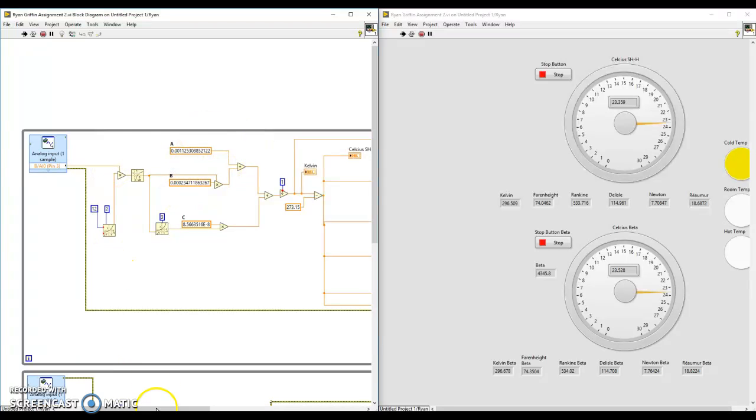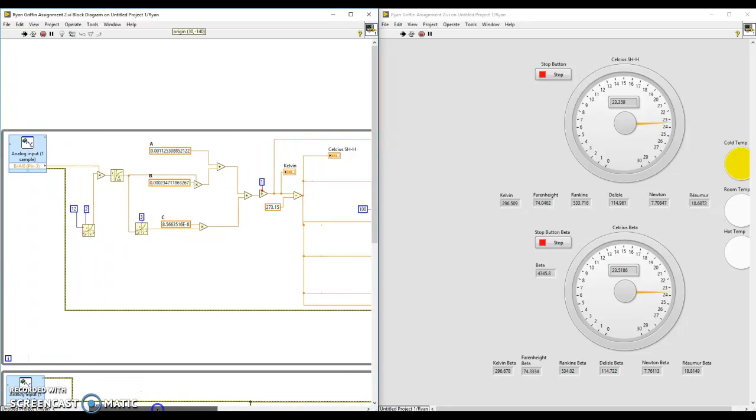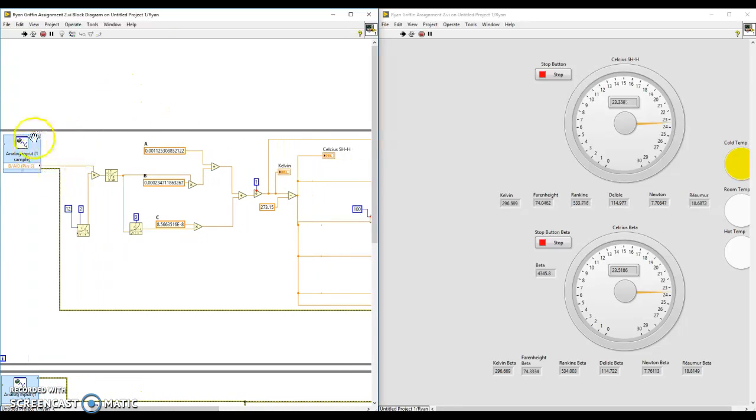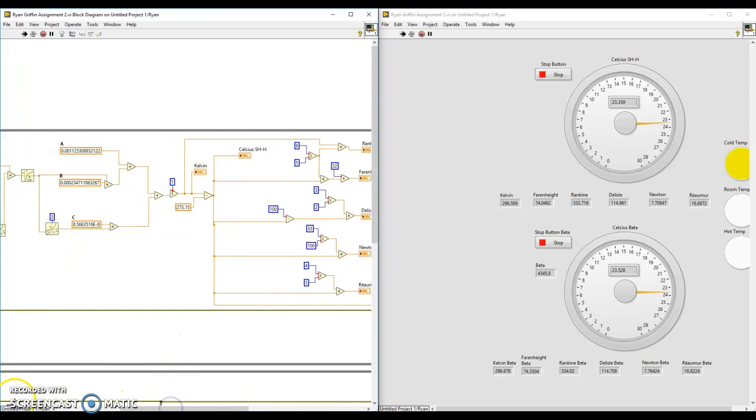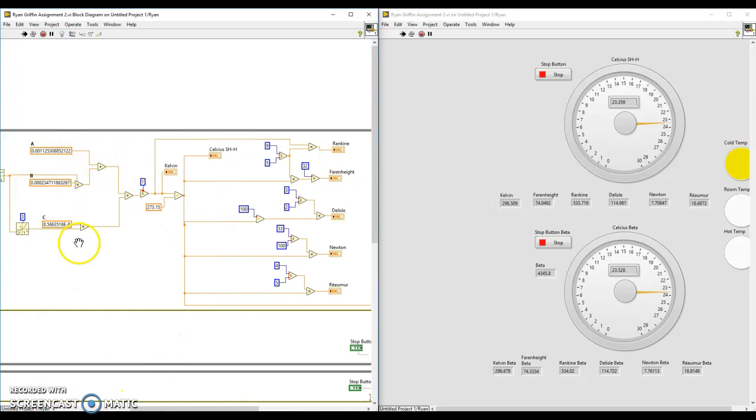So on this top diagram, this is the Steinhart calculation. This input is from the pin in the MyRIO, runs into the math functions A, B, C, which are provided by the datasheet, then expanding on the formula to provide the temperature in Kelvin.